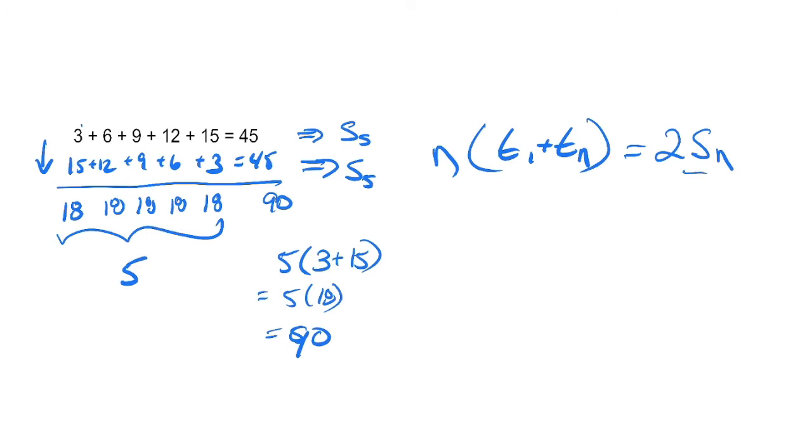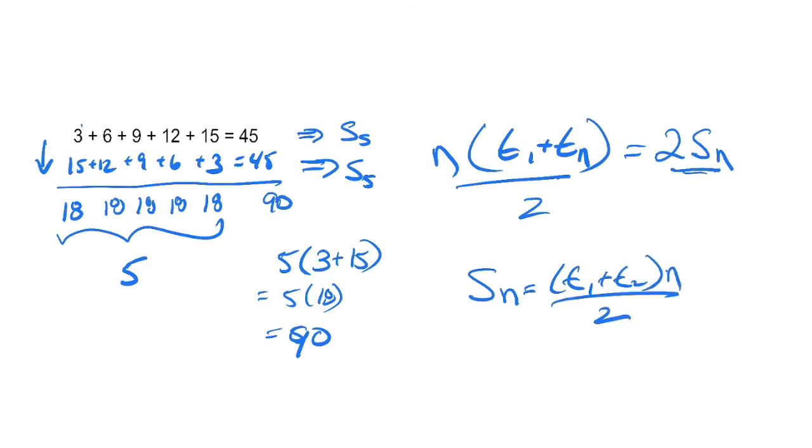So how do we get S of n? Well, basically we've doubled it. So in this case, we're going to divide it by 2. So here we come up with a general formula that S of n is the first term plus the last term multiplied by n divided by 2. So there's a neat formula that we come up with, and this works in general no matter how long our sequence is.